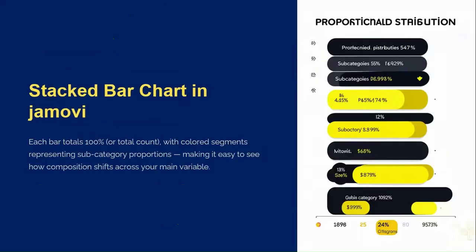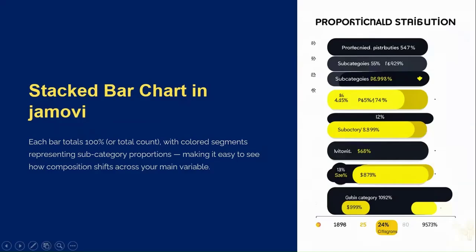In stacked charts, each bar equals 100% or total count. Each segment shows a proportion of that category. Here, the denominator matters a lot. This is useful when you want to understand how different parts contribute to a whole.